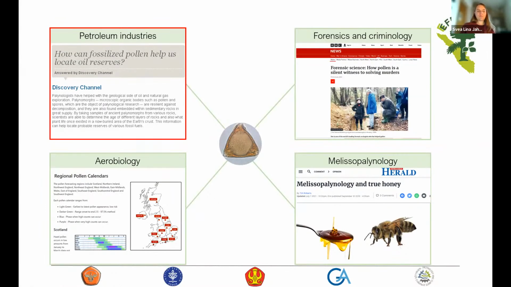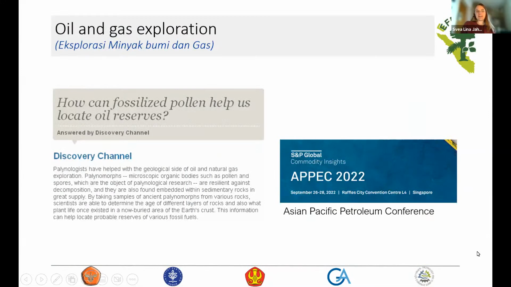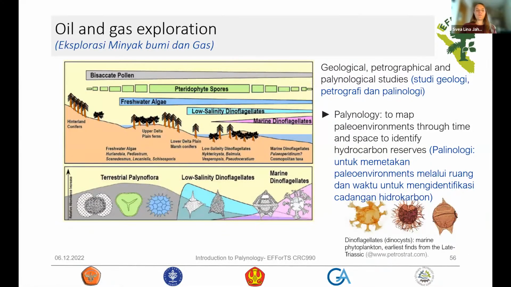Then maybe one more industrial area of the use of pollen is oil and gas exploration. So actually we can use pollen, but also palynomorphs, for example, dinoflagellates, to identify past petrostratigraphical and geological layers in which we found different ecosystems that then might be the origin of fossil fuel sources.